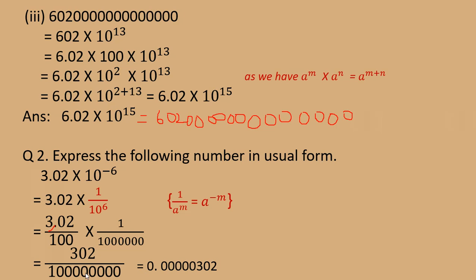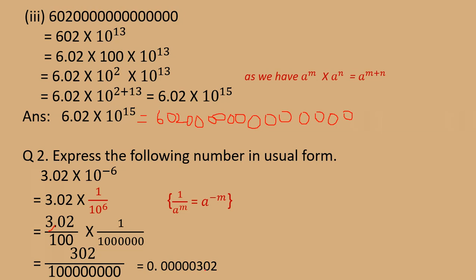How can we write this? As we know, there are 8 zeros. So 302 is given; starting from the right-hand side we count 1, 2, 3. These three digits are 3, 0, 2. How many zeros are there? 8. So we have to move the decimal 8 places: 3, 4, 5, 6, 7, 8.